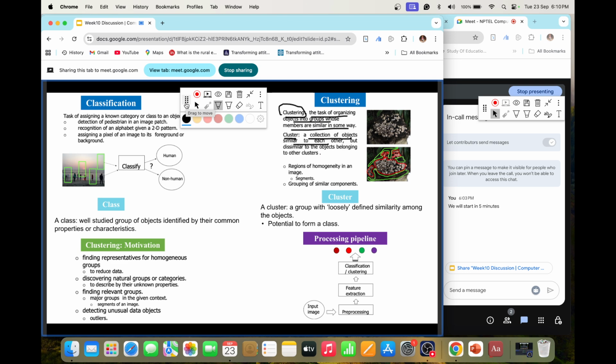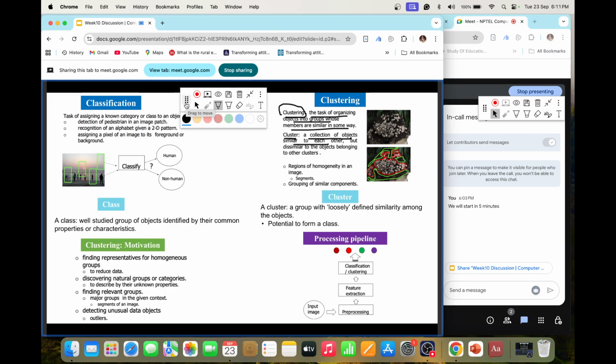In clustering you are just separating the fruits into different groups, like some red color rounded or spherical fruits in one group and yellow color fruits in a second group. But you are not giving any labels in clustering.